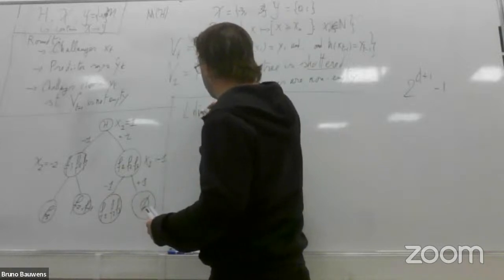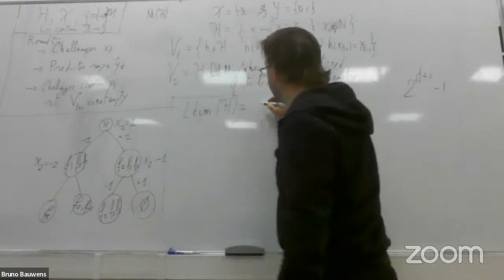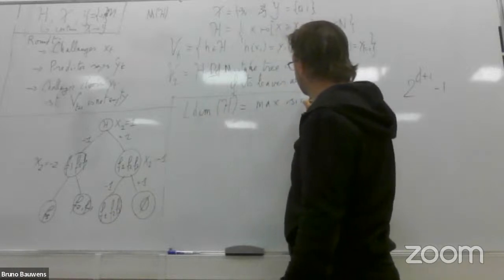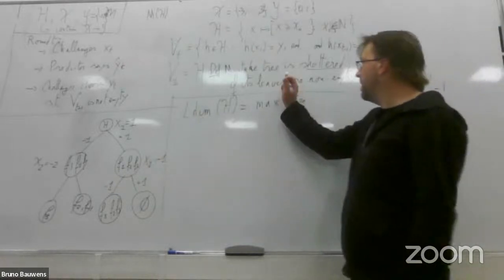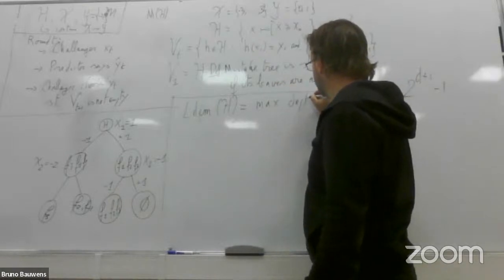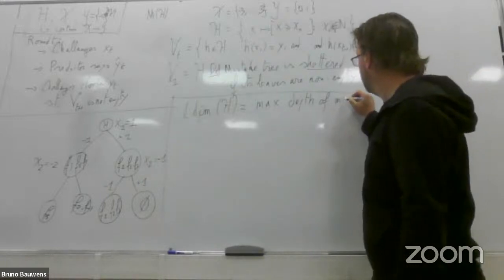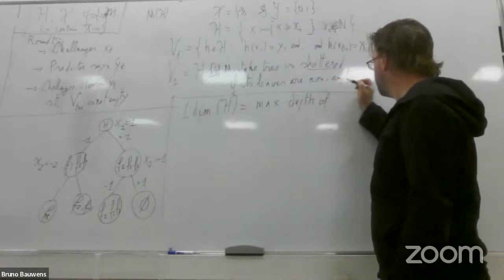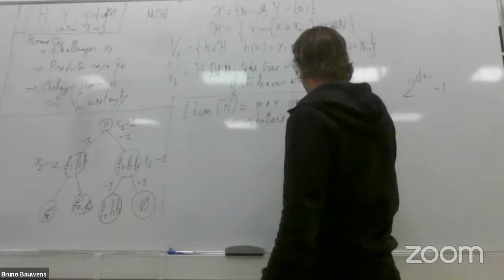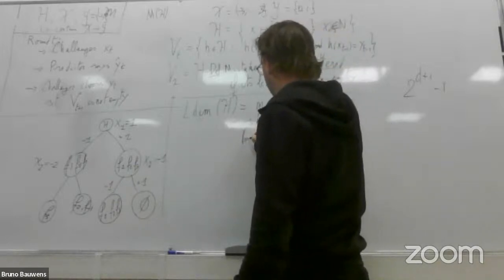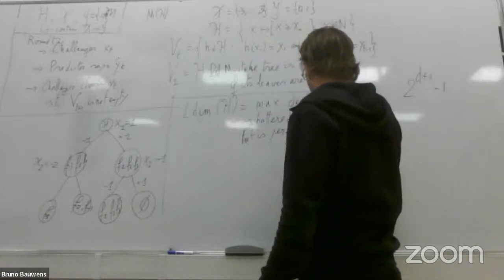So the Littlestone dimension of H is equal to the max depth of a shattered mistake tree that is a perfect binary tree.